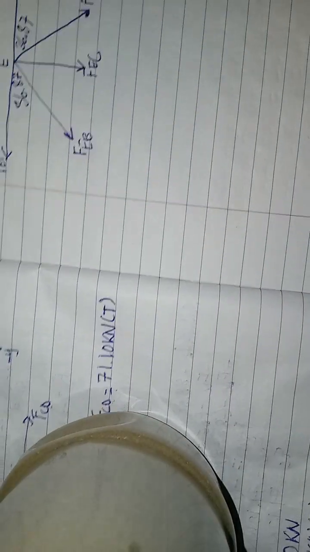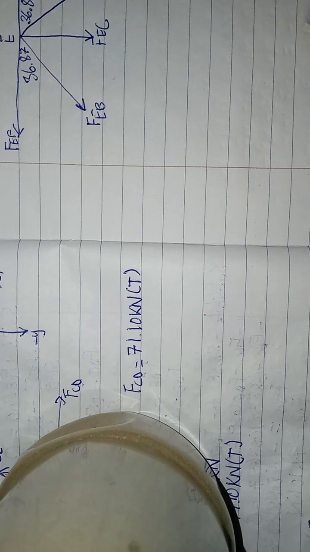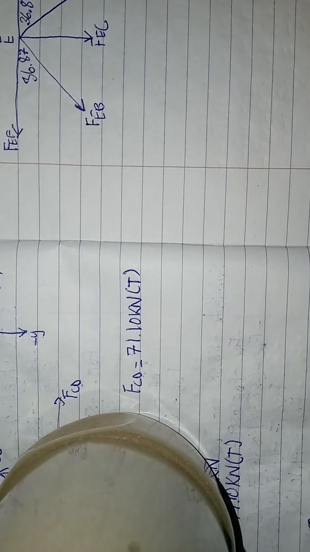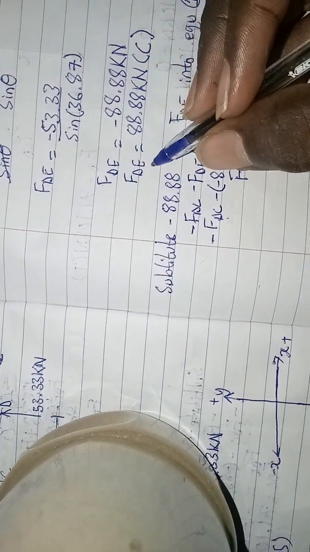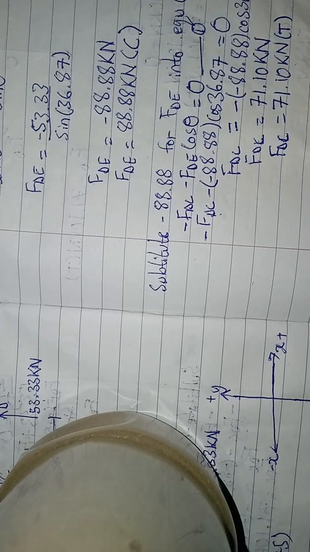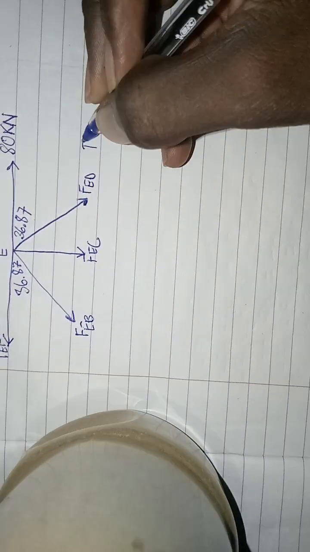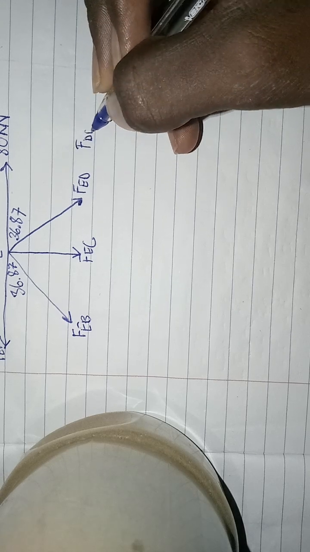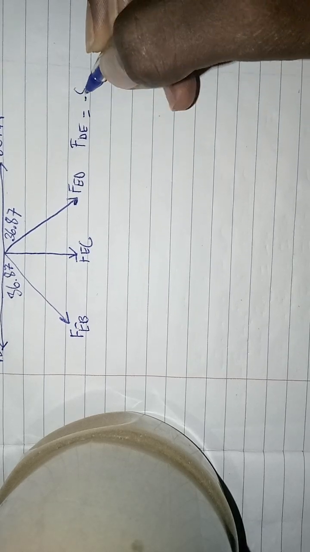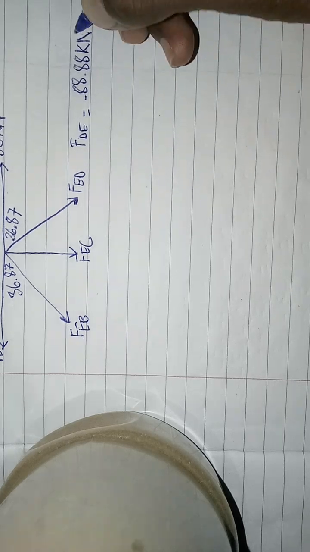So from the previous one that we have found, we know that force DE, or force ED, all of them are the same, is negative 88.88 kilonewton.